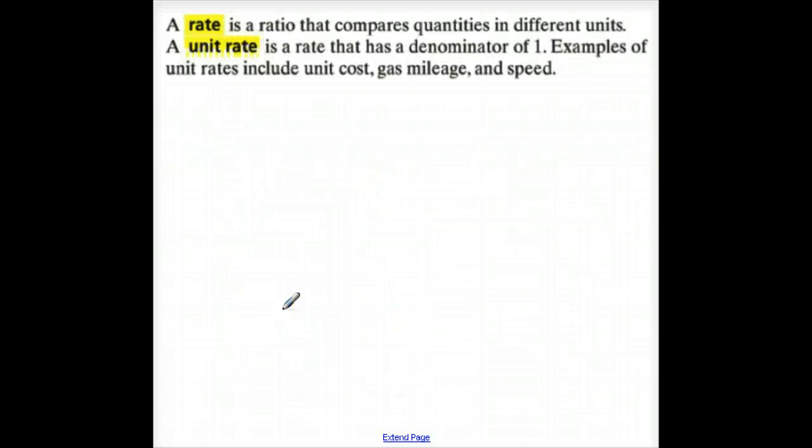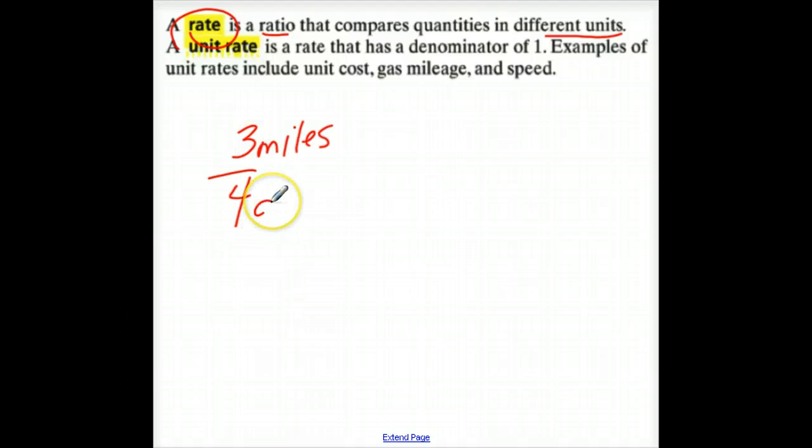So that's a ratio. Now, more specifically, a rate is when you have a ratio, so we'll use our 3 to 4 again, but it's comparing quantities in different units, meaning maybe this is 3 miles per 4 gallons. So the unit on top and bottom are different.